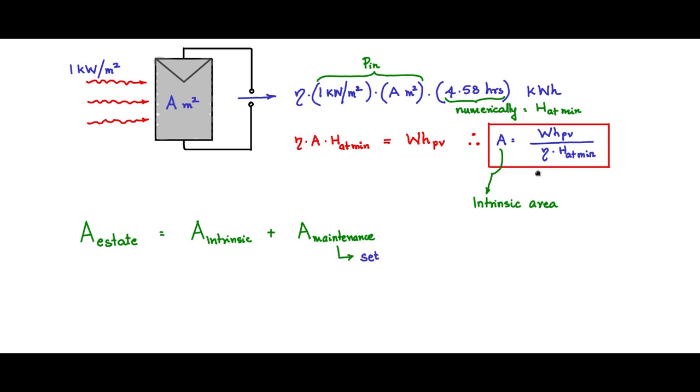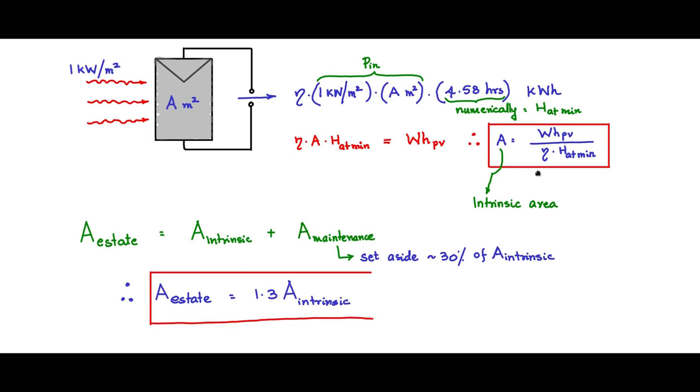Set aside approximately 30% of area intrinsic for maintenance purposes, and therefore you will have the area estate equal to 1.3 times area intrinsic. So this would be our area needed for a particular application of particular given watt hour requirement.